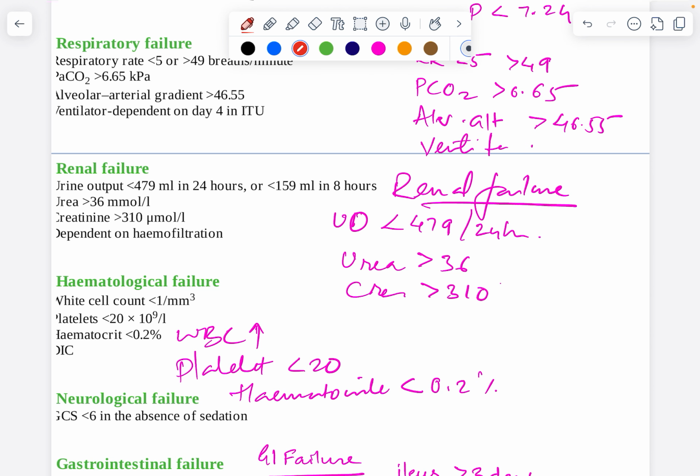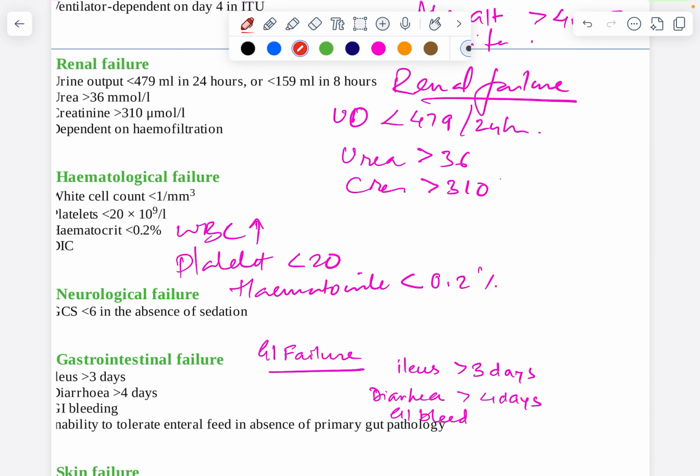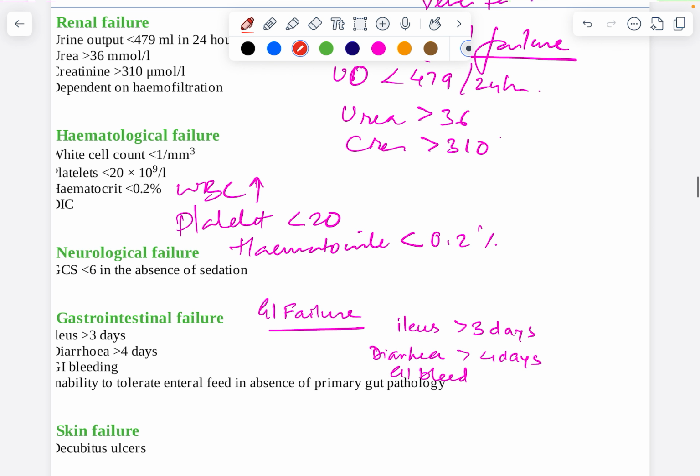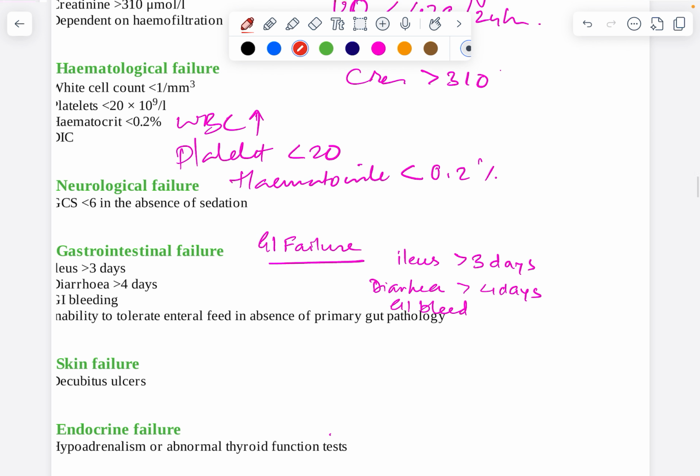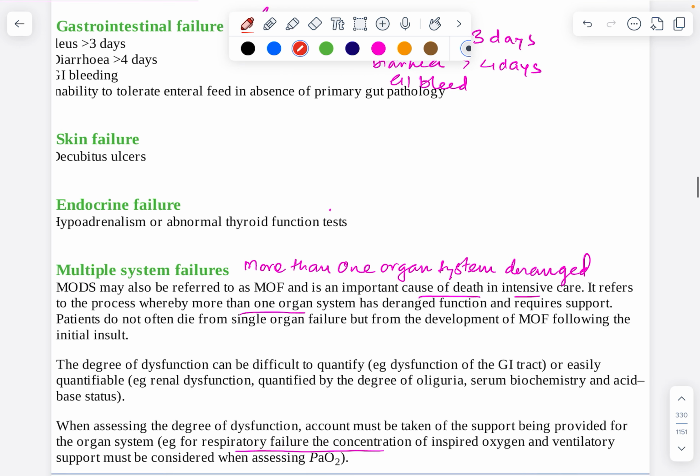Renal failure: urine output in 24 hours less than 479 or in 8 hours 159, urea is more than, creatinine is increased. Hematological failure: WBC count is increased, platelet count is going down, DIC is there. Neurological failure: Glasgow coma scale is going down. Gastrointestinal failure: ileus more than 3 days, diarrhea, GIT bleeding.